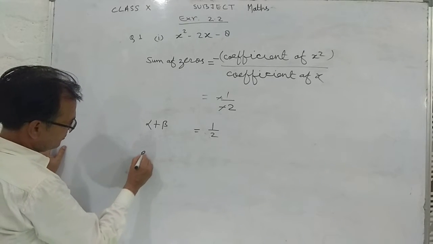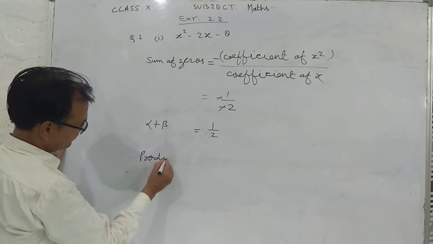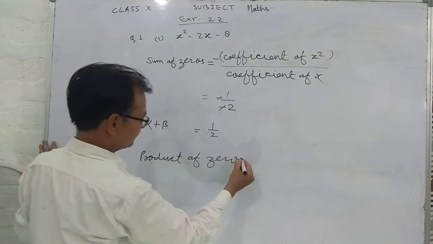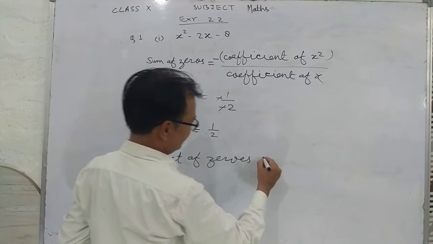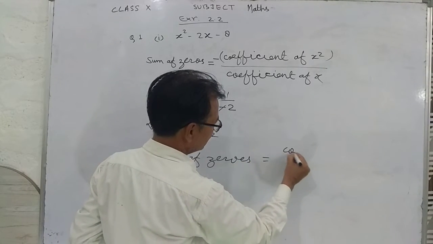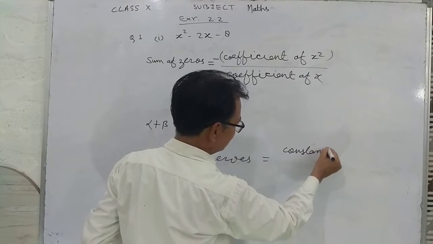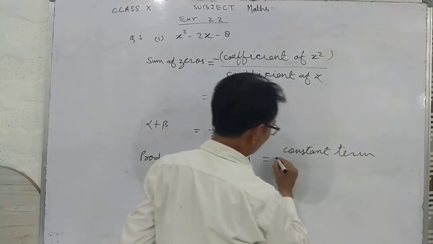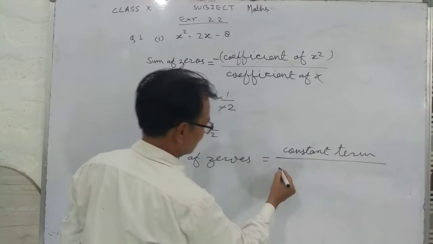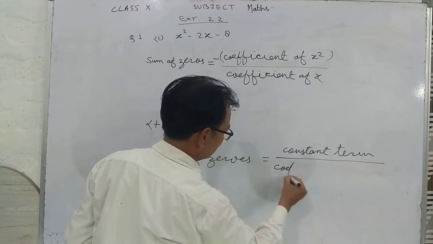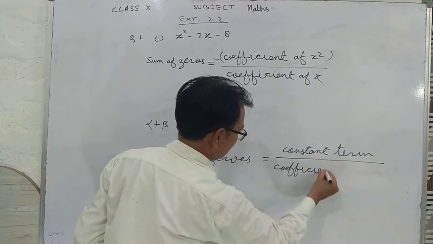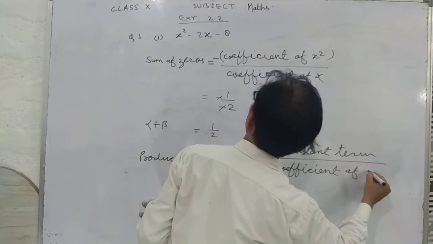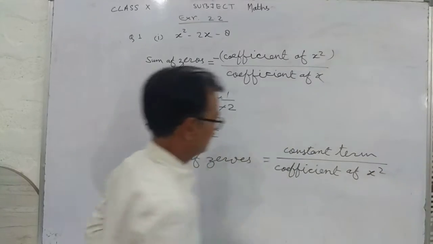And the product of zeros we will directly say is constant term upon coefficient of x square.